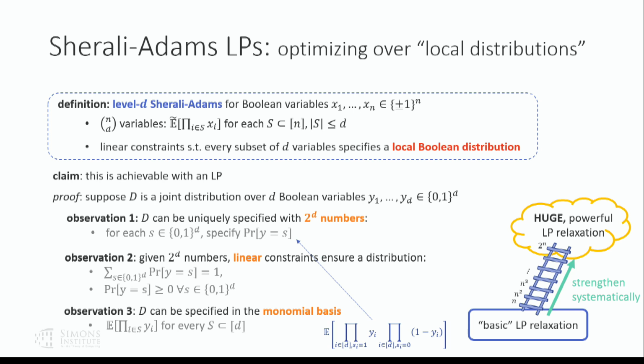It's enough to write down the expectation of any monomial, and from this I can get these probabilities, so constraining the monomials gives me a distribution. My variables are the pseudo-expectations for every subset of d variables, and from these I ensure a global LP solution such that every subset of d variables corresponds to an actual distribution. That's degree d Sherali-Adams. d is the size of the subsets of variables that obey the local distribution constraints.